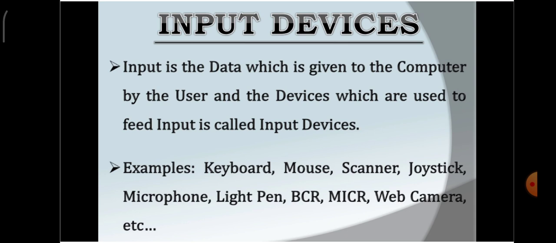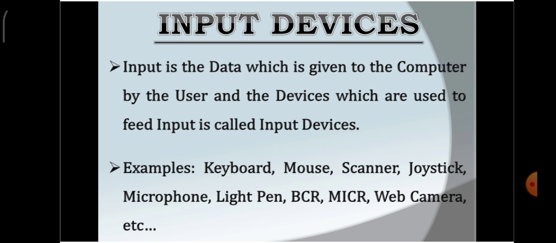Example, keyboard, mouse, scanner, joystick. Joystick is used to play the games. Microphone, light pen. Light pen is, instead of using the mouse, if you want to draw images, pictures using a pen kind of a thing, you will use that light pen. BCR. BCR stands for barcode reader.